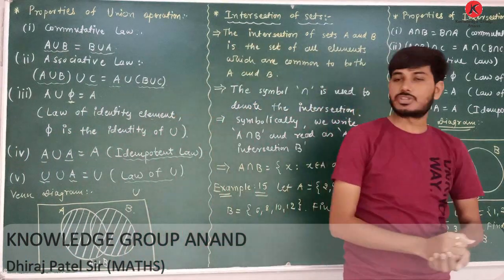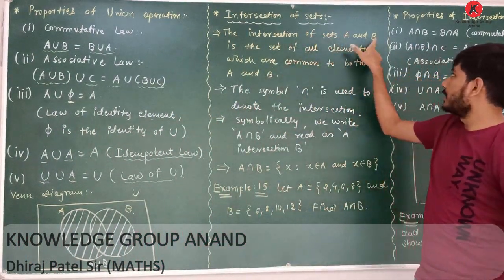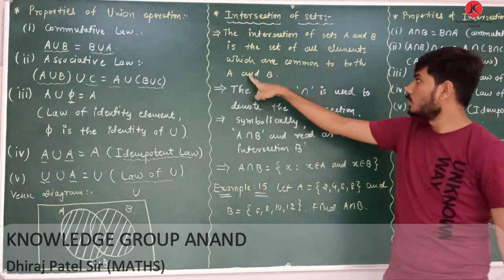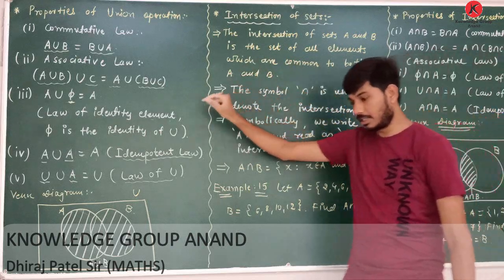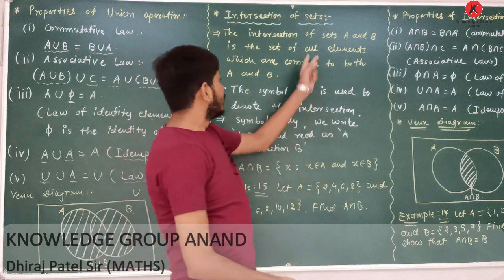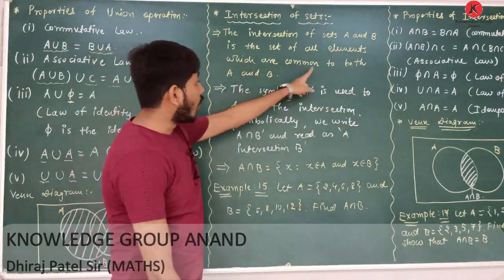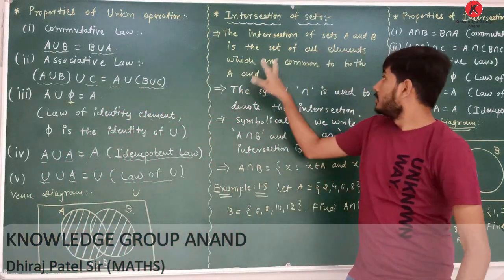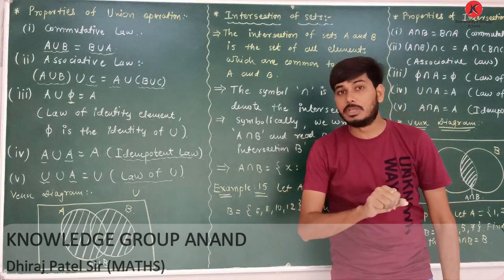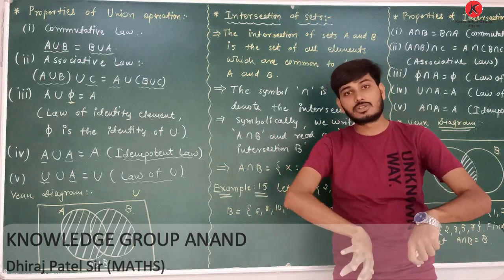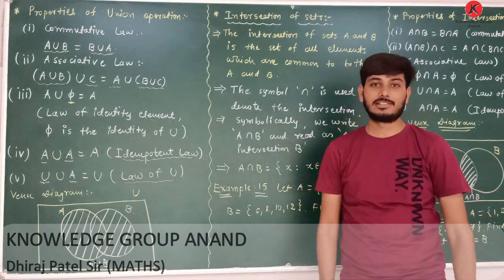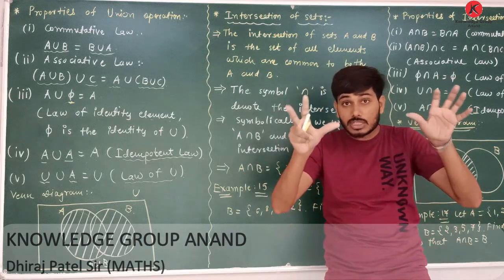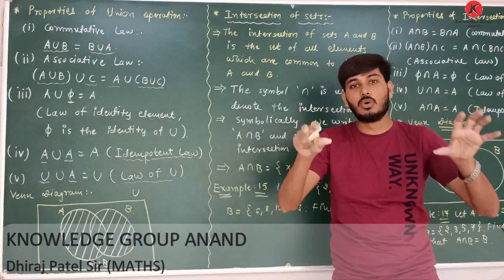In the intersection operation, the intersection of sets A and B is the set of all elements which are common to both sets A and B. Therefore, we can also say that the intersection of two sets A and B means all the elements which are in both sets. List out all the elements which are in both the sets, or common to both sets.